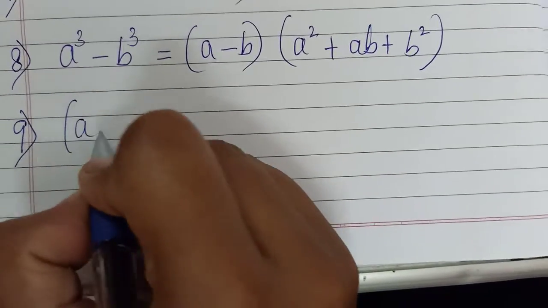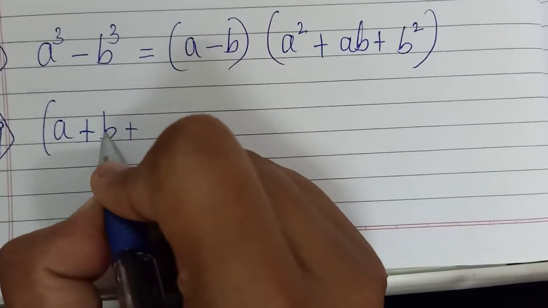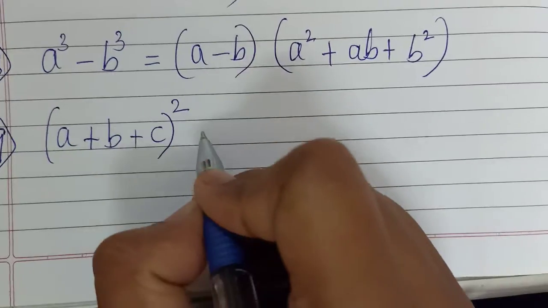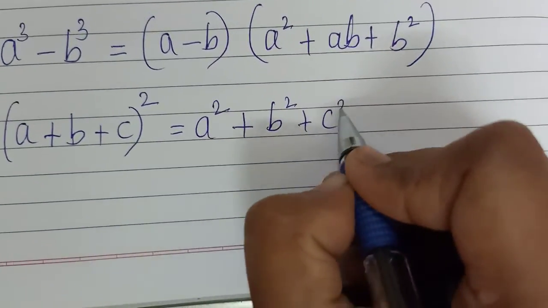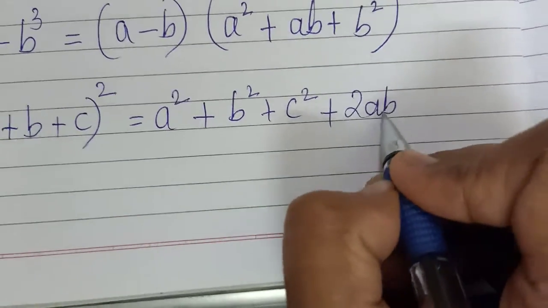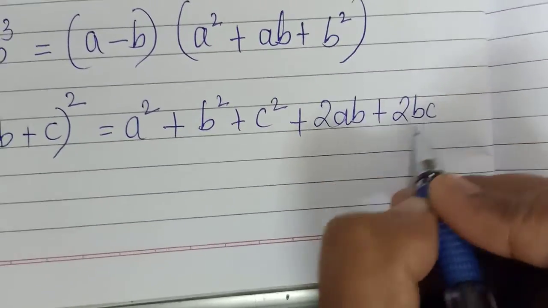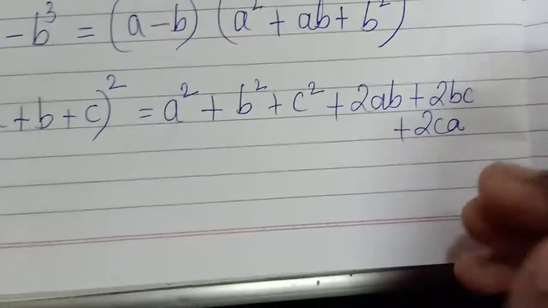Ninth, (a plus b plus c) the whole square is equal to a square plus b square plus c square plus 2ab plus 2bc plus 2ca.